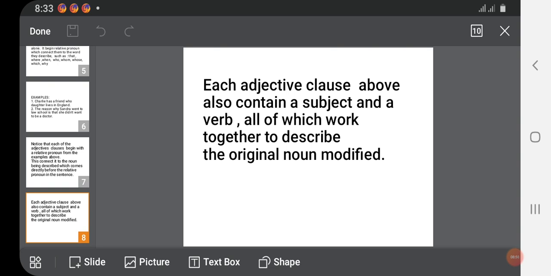So for your adjectival clause to function, it must have a relative pronoun. And what does that relative pronoun do? The relative pronoun will describe the noun that comes before it. Yes.